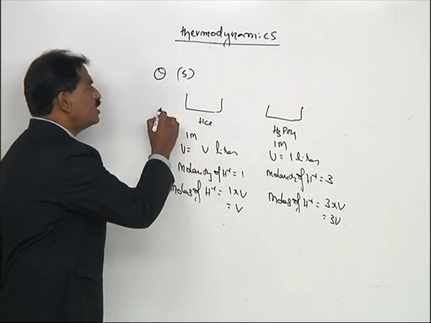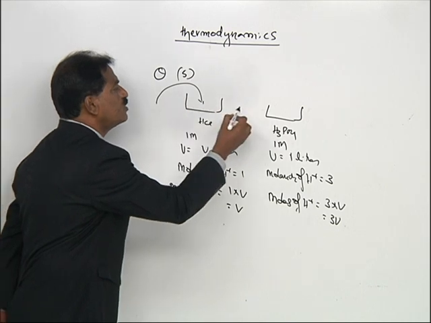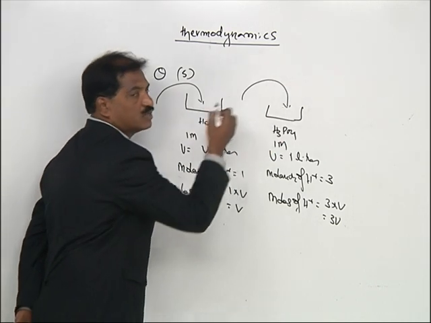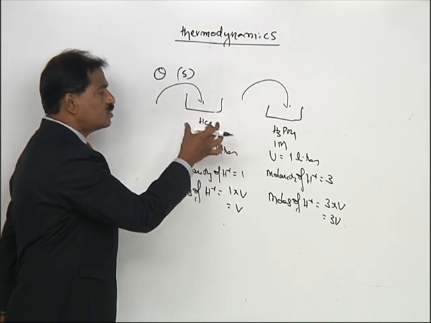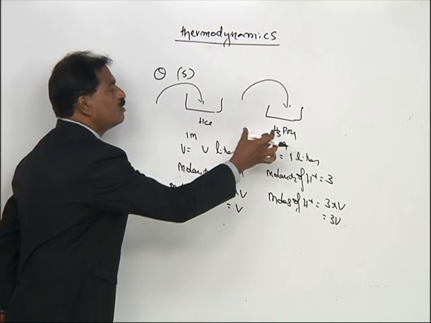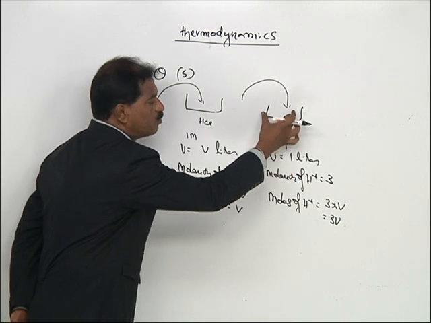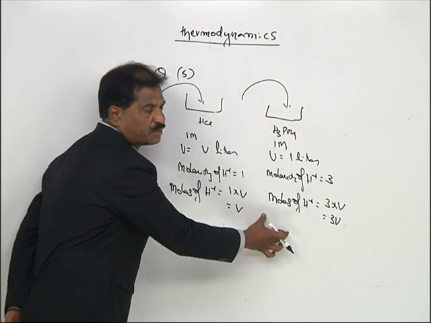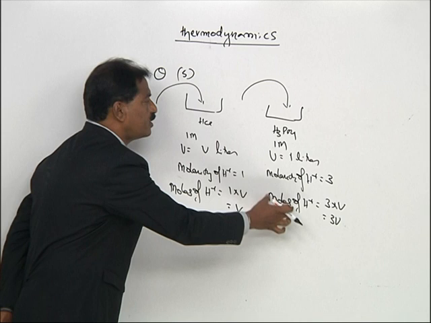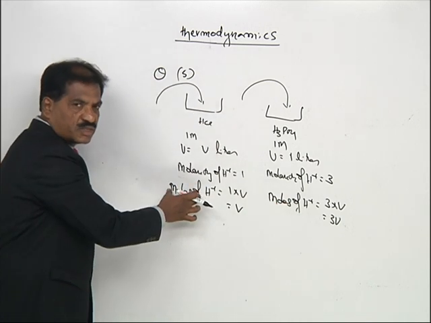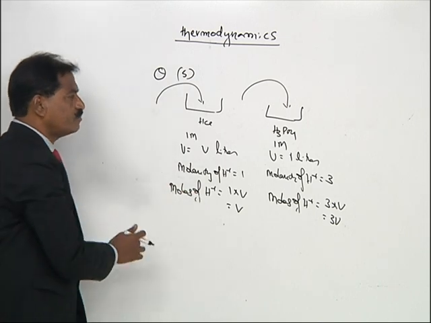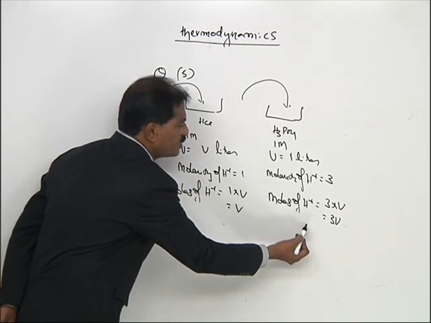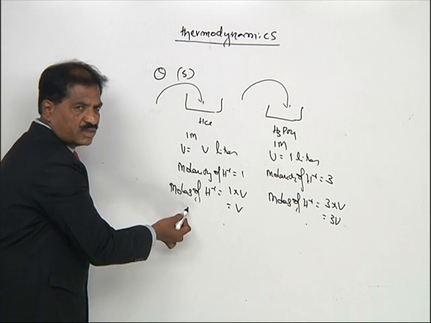Now, when sodium hydroxide is added into both these acidic solutions separately, since more H plus ions are present here, a greater degree of neutralization takes place and more heat will be liberated. Here less degree of neutralization takes place, hence less heat will be liberated.